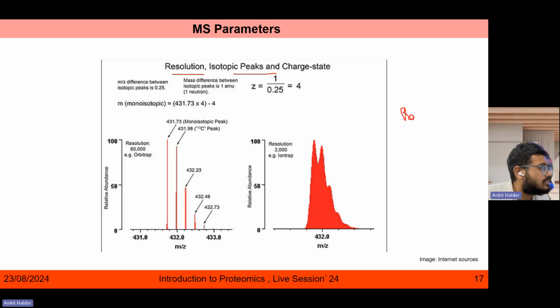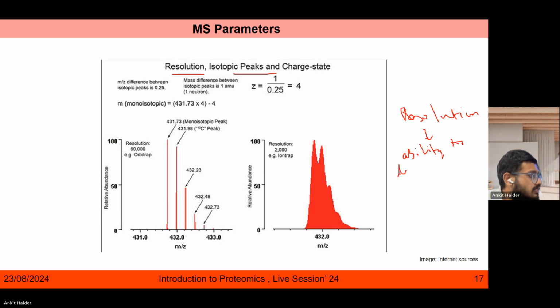ability to differentiate closely related things, right?